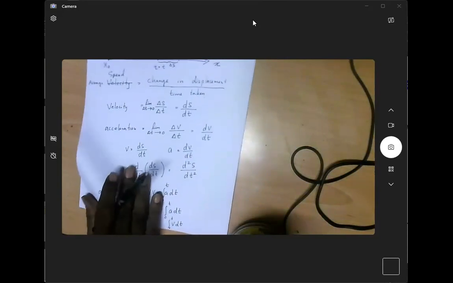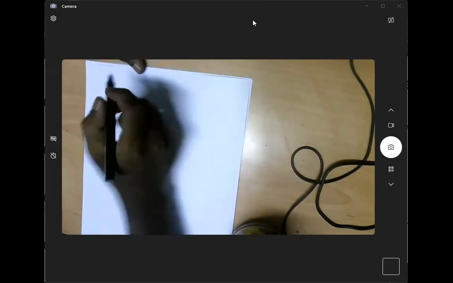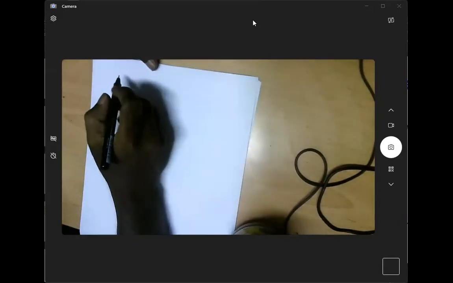Okay, then let's see what will happen when we go for 2 or 3-dimension space, right? For Cartesian coordinates, both are not very difficult. So let's take directly 3D motion.